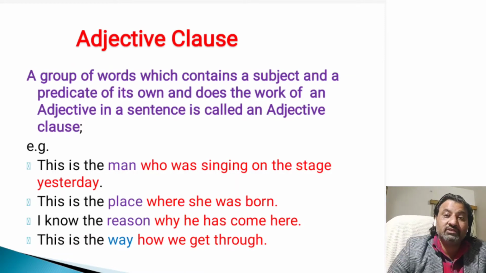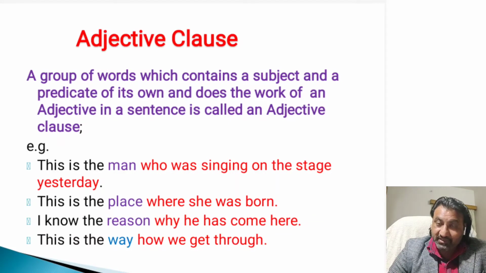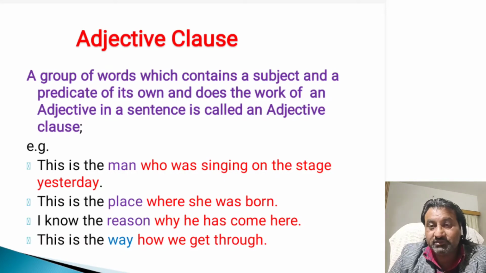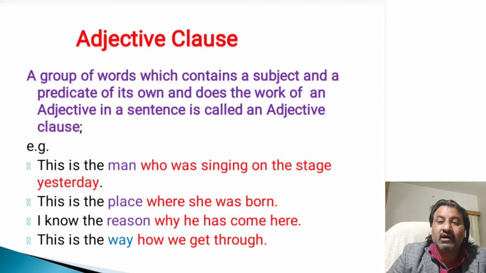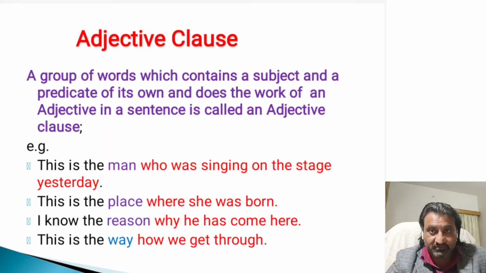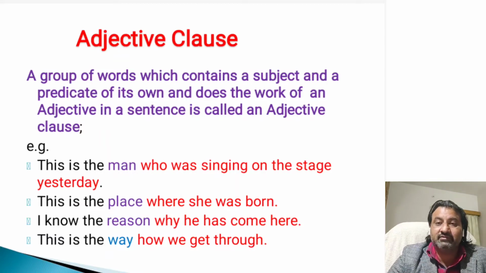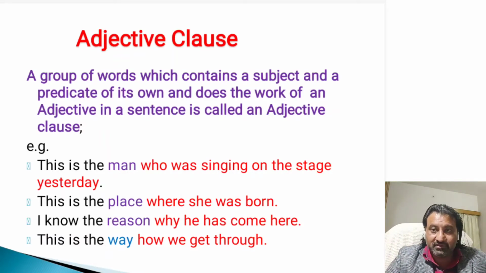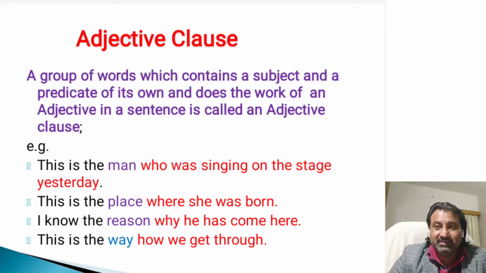So all these words like man, place, reason, way are nouns, and the clauses used after these nouns qualify the noun used before them. So this is what is called an adjective clause, also known as an adjectival clause. In English, some people call it an adjectival clause or an adjective clause.